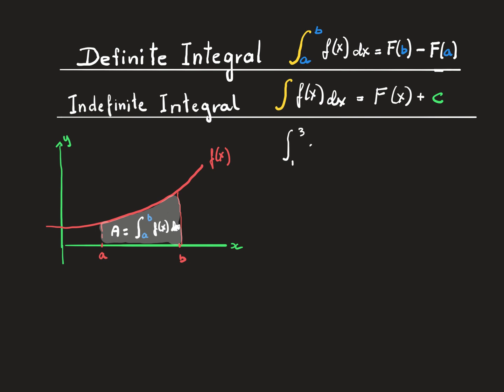and let's pretend that this function is x squared plus 2 dx, and that this is 1 and this is the value 3 in here. Okay, we're going to integrate this normally as we would do, and so we'll write equals x squared will become x cubed over 3, and 2 will become 2x.